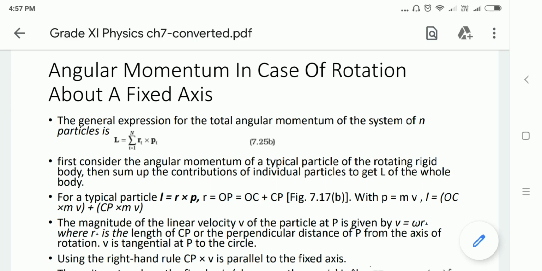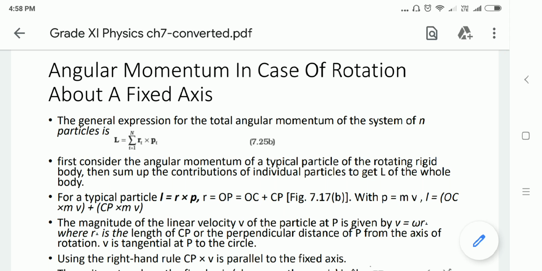So small l equals r cross p, and r we are having OP equal to OC plus CP, that we can observe from the earlier diagram, and linear momentum p equal to mv. So l equals OC cross mv plus CP cross mv.